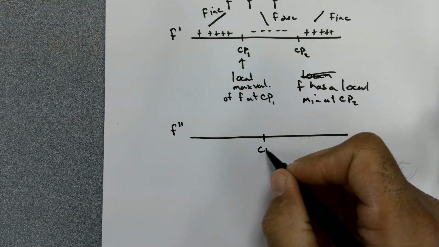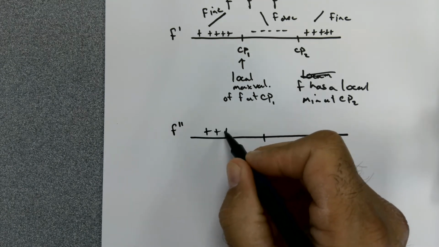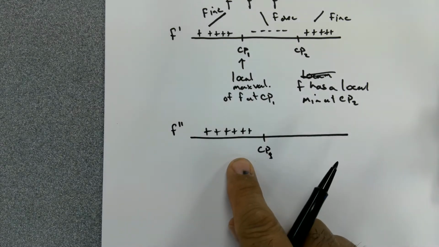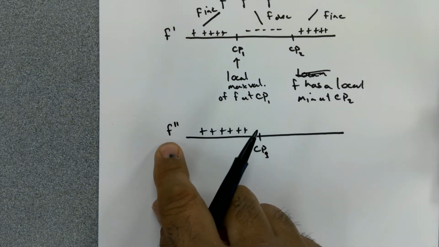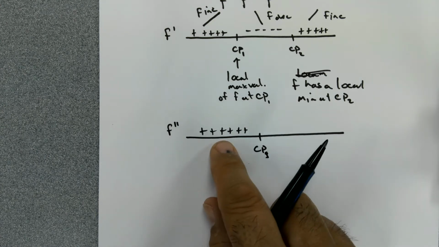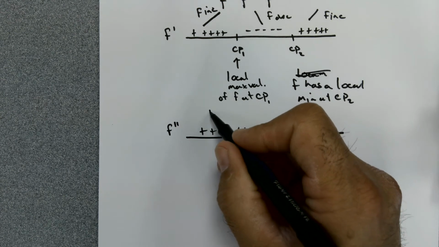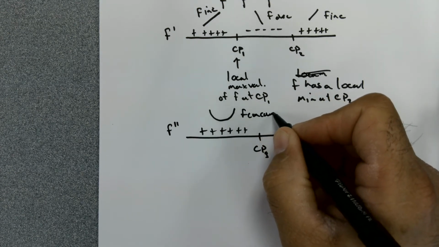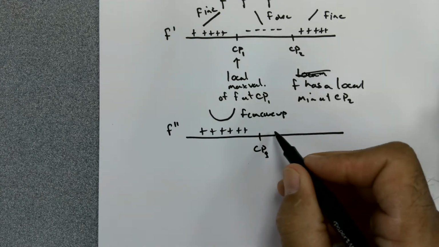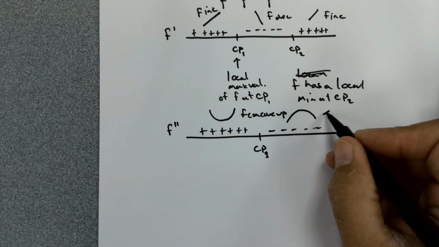And let's say we have a critical point 3 here, and let's say we take a number that's between negative infinity and this critical point 3 and plug it into the second derivative, and it becomes positive. That means f is concave up here. So f is concave up.